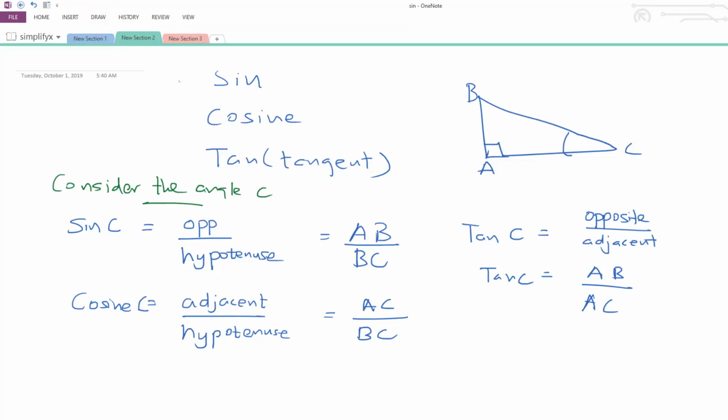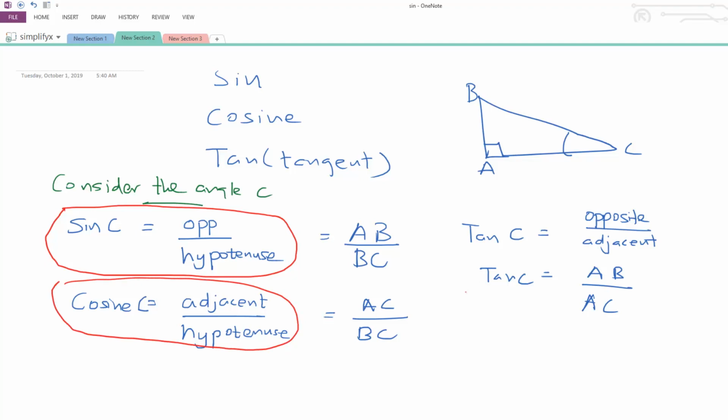So if we summarize what we have learned, the sine of a given angle is equal to the ratio of opposite side to the hypotenuse of that triangle. Then we have learned that the cosine of a given angle C is equal to the adjacent side divided by the hypotenuse.